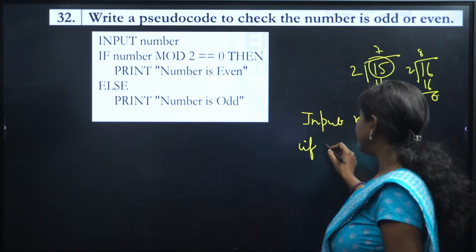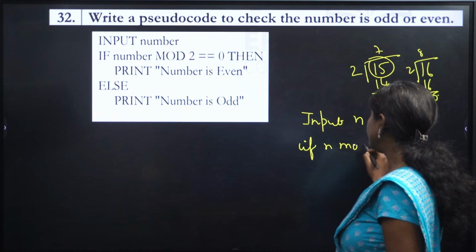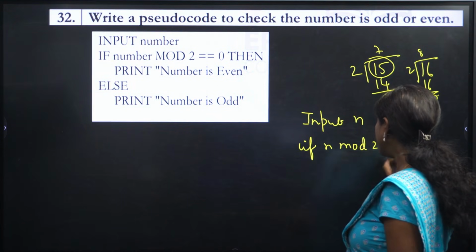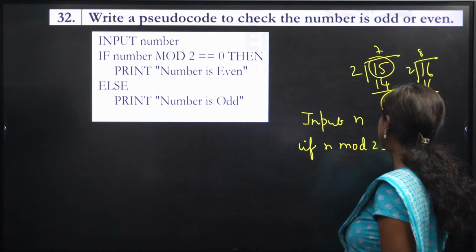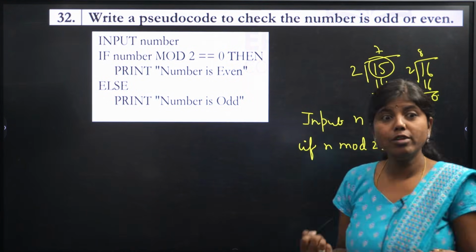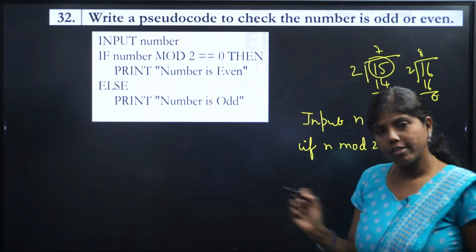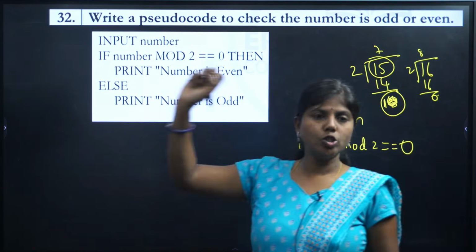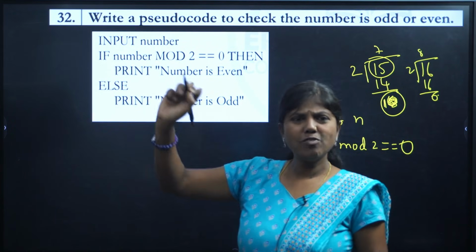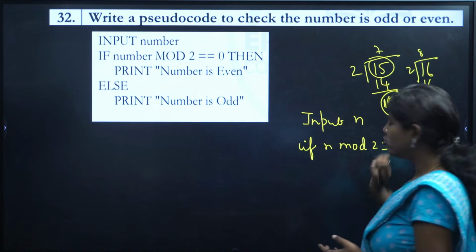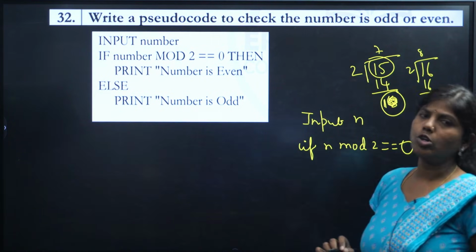So if n mod 2 equal to 0. Can I put equal to here? Definitely no problem, because it's an algorithm, pseudocode, everything is fine, but not in the code. Since we follow with the code, you write equal to here also, and all the problems will be solved.